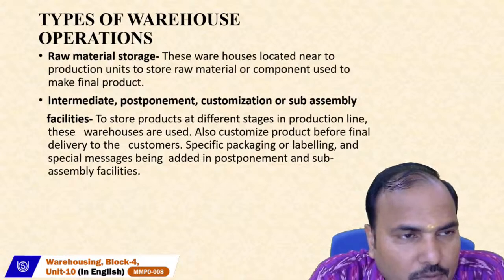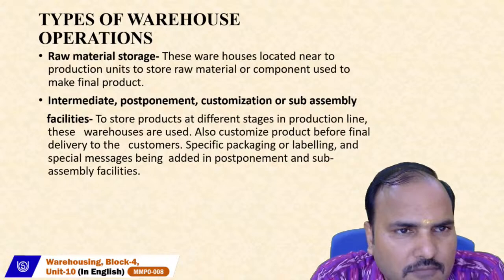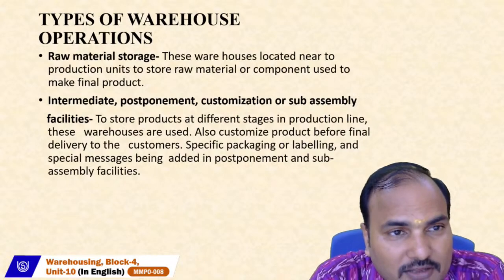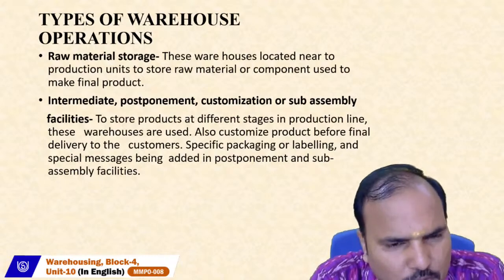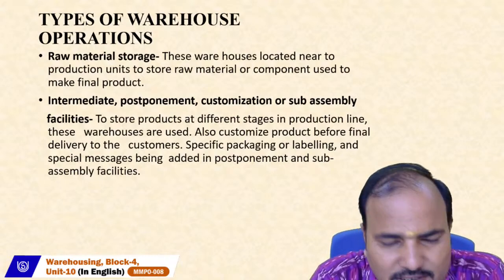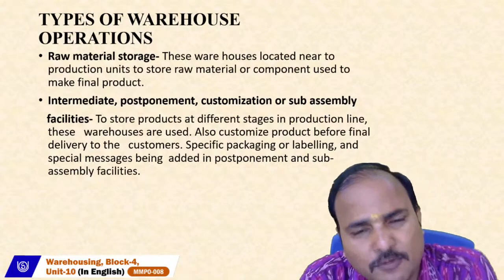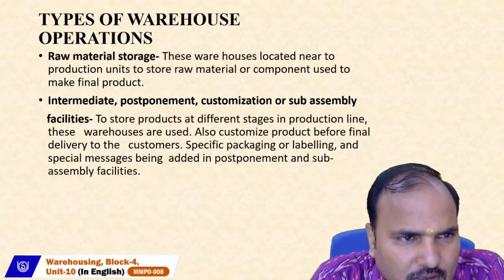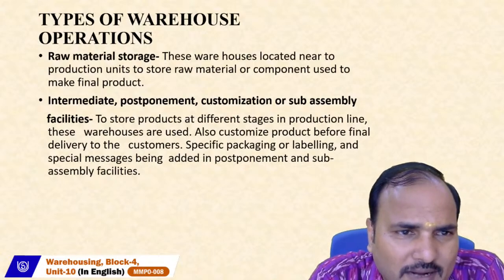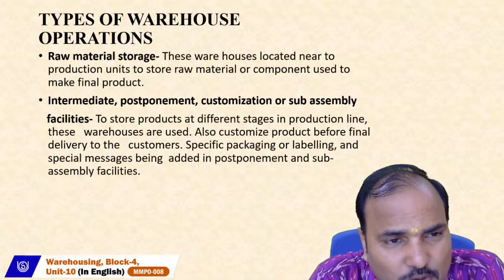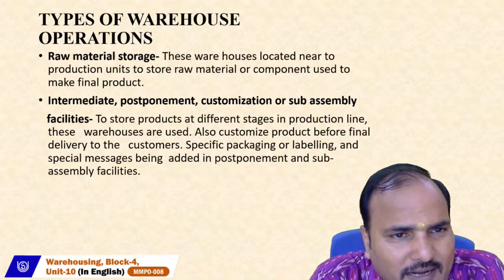Now we'll discuss the types of warehouse operation. What are the types of warehousing operation? Different types of warehouse we know, centralized and decentralized we already discussed. But what are the types of warehouse operation? One important operation is raw material storage.